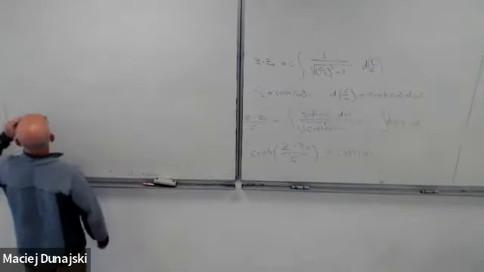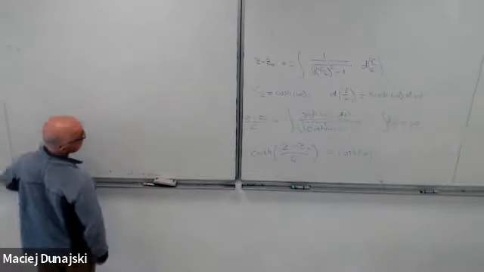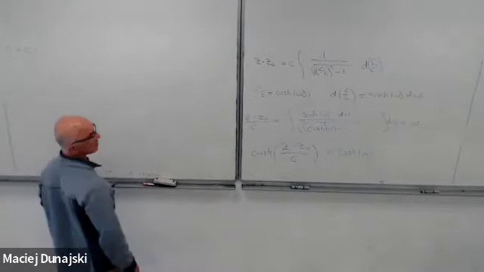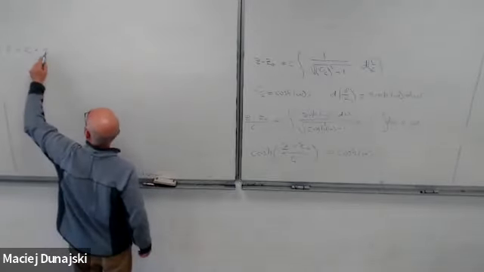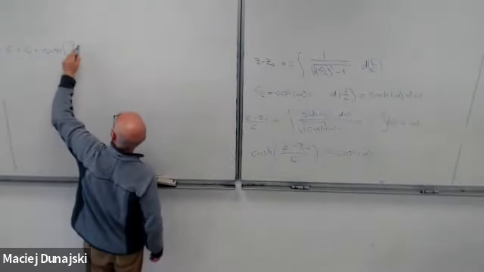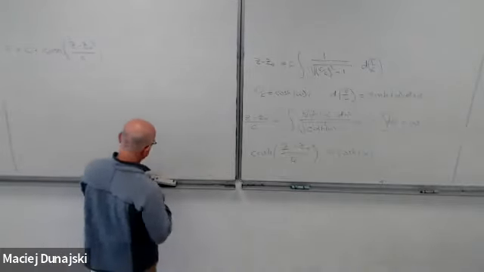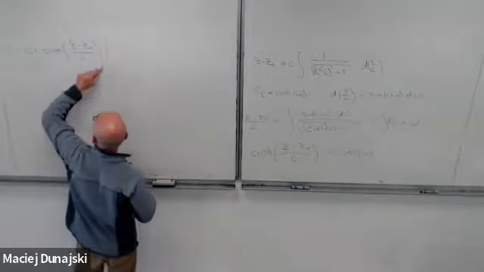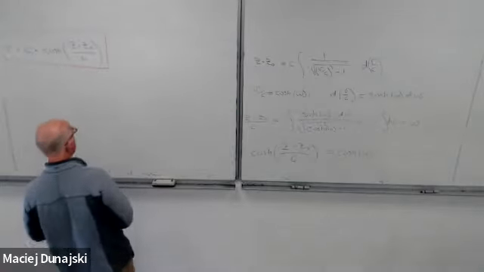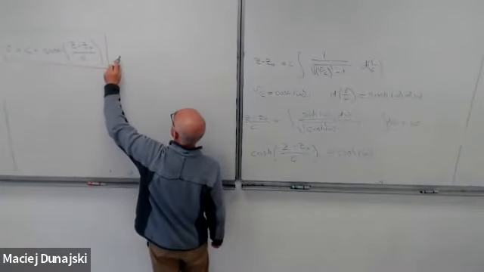R equals C times cosh of Z minus Z0 over C. That's the solution. That tells me how R depends on Z. And this curve is called the catenary.